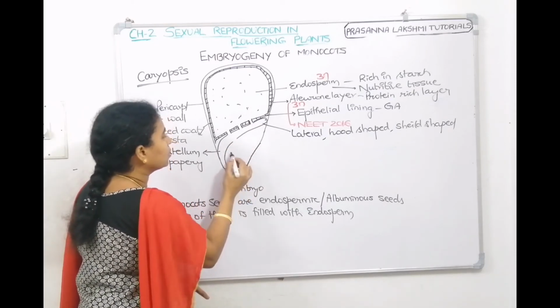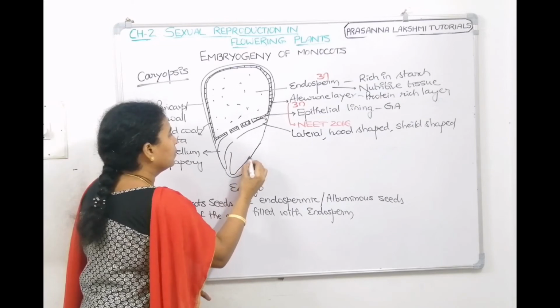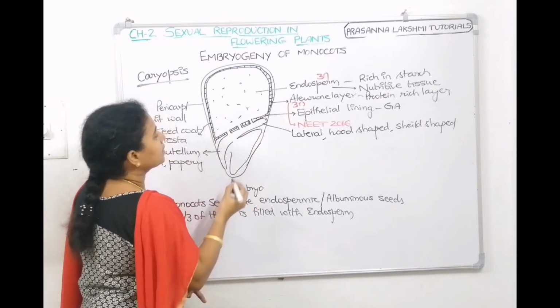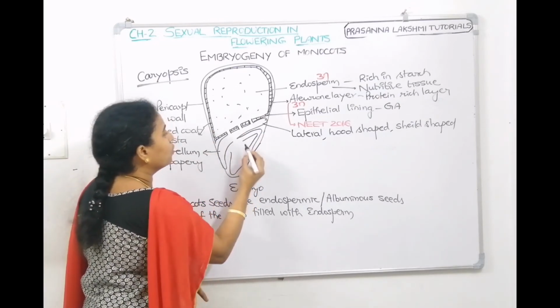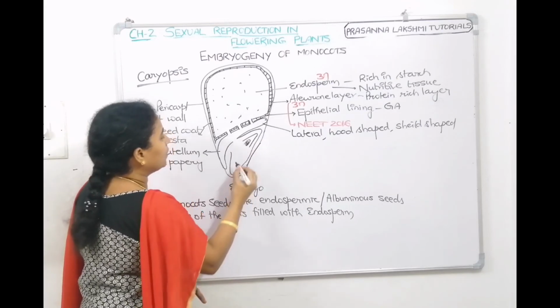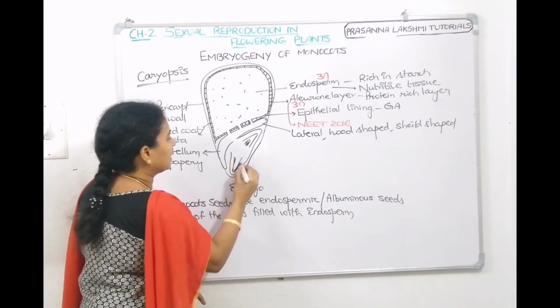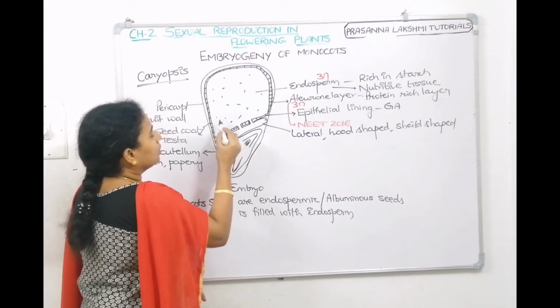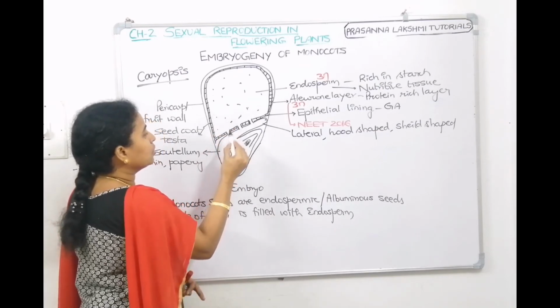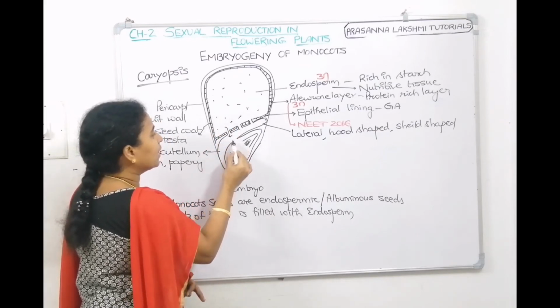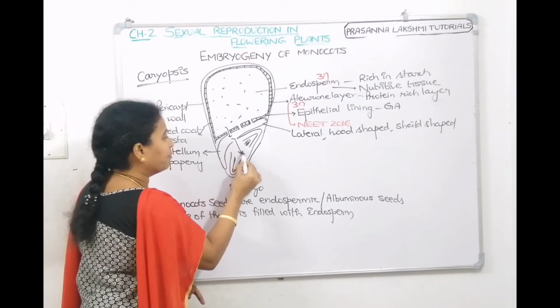Let us draw the embryo also. This is an embryo, this is coleoptile, these are the foliar structures and this is the radicle, right? So, the endosperm provides nutrition to the scutellum and the scutellum supplies nutrients to the embryo.